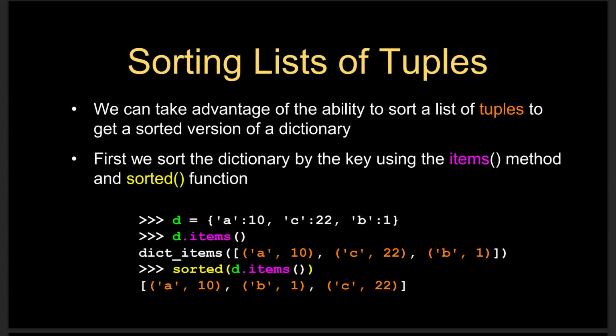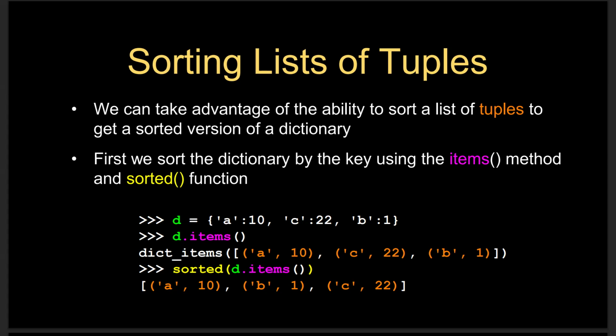So whenever you do sorted of d.items, it will sort because it is in the format of a list of tuples. It means we have these tuples in the list, so list methods can be applied. We can change the content by using these list methods.